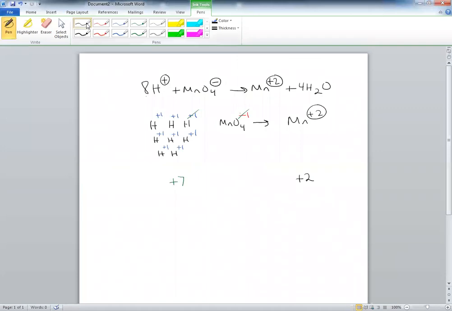So the question is, how do I go from positive 7 to positive 2? Just think about subtraction. How do you go from 7 to 2? You have to minus 5, right? That's what it is. So you would add 5 electrons. So 7 minus 5 is plus 2. And remember, we say minus because the electron is negatively charged.